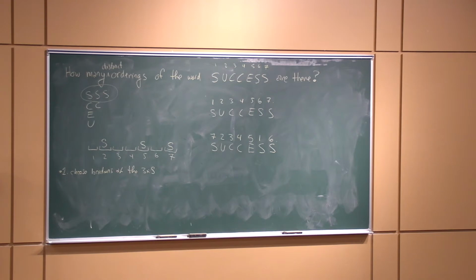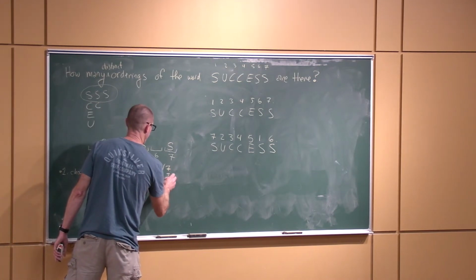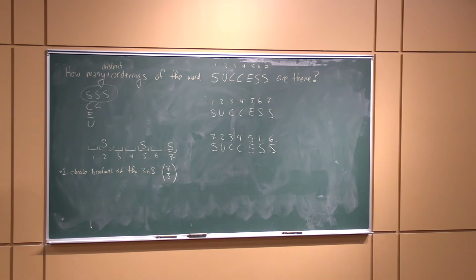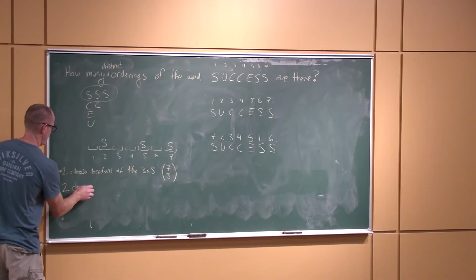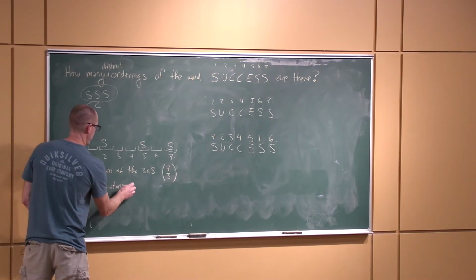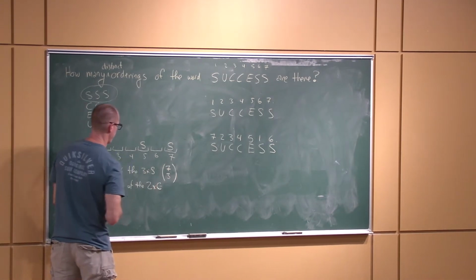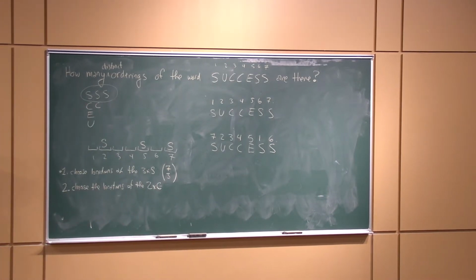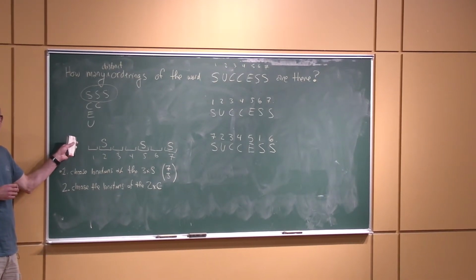So how many ways are there to do step 1? 7, choose 3. Okay. Step 2. Choose the locations of the 2 C's. So I've already placed the 3 S's. Now I need to choose locations for the 2 C's.